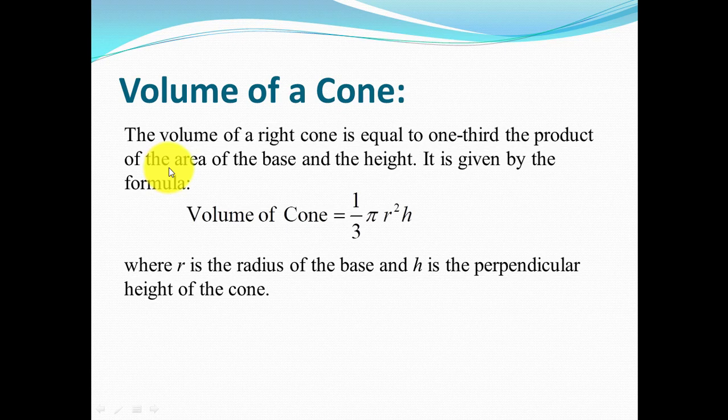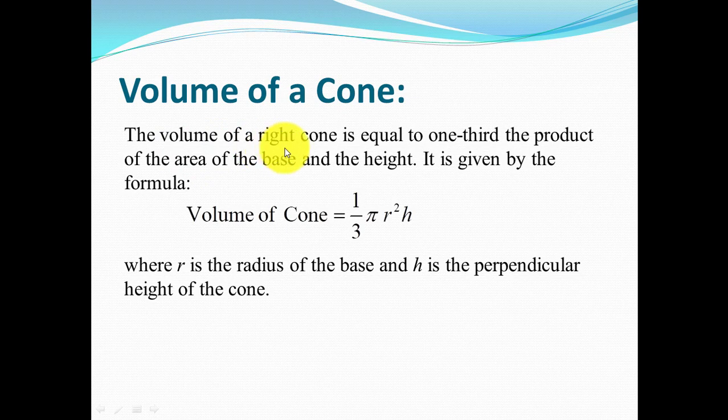Volume of a cone. Now it is important to know how we can find the volume of a cone, as in the previous slides we saw the area of a cone. Here is the volume of the right cone. We also discussed the types of cones, right cones or oblique cones. Here we discuss only right cones.